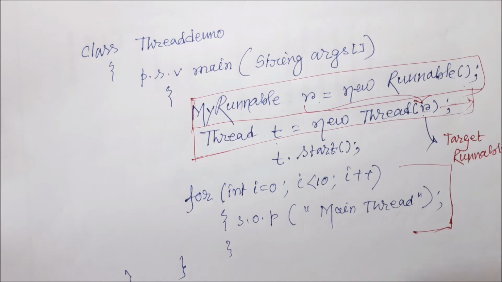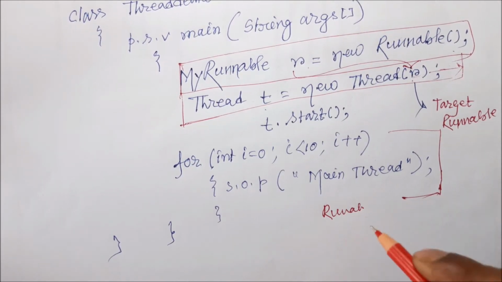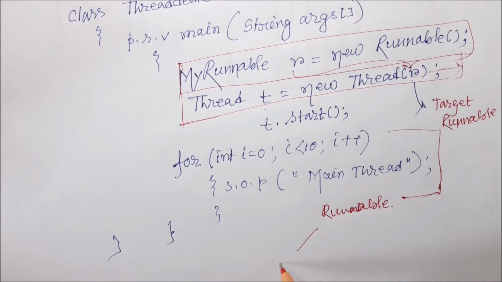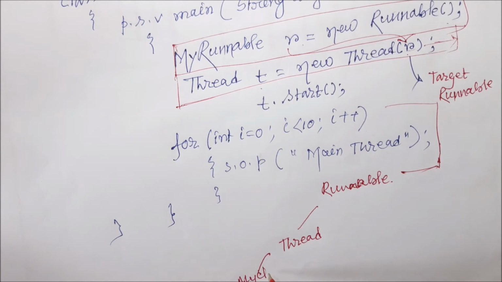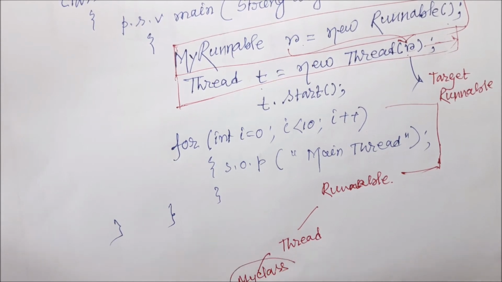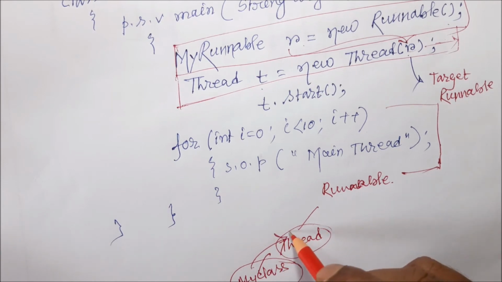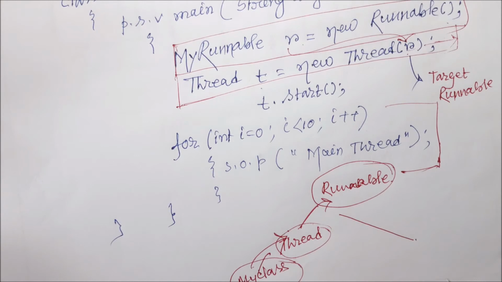For example, this is my runnable interface, here is the thread class, and this is my class. One procedure is that I just extend the thread class, since thread already implements the runnable interface.